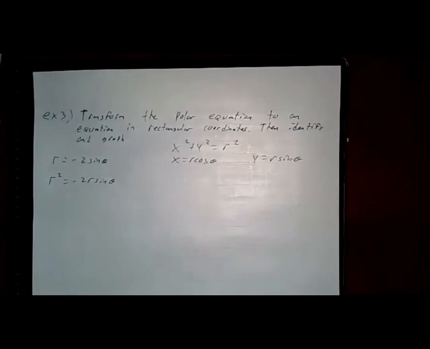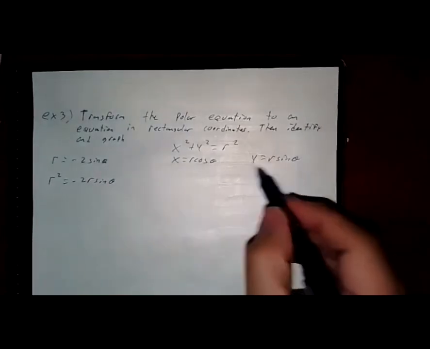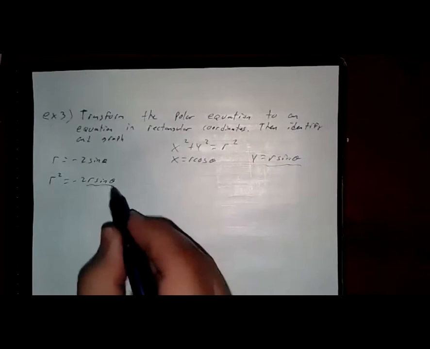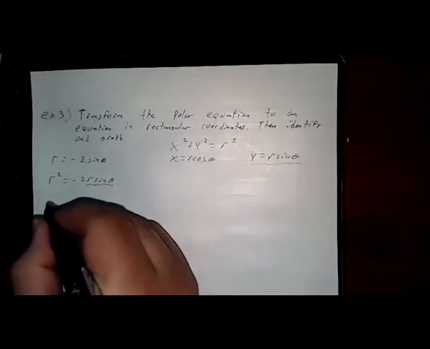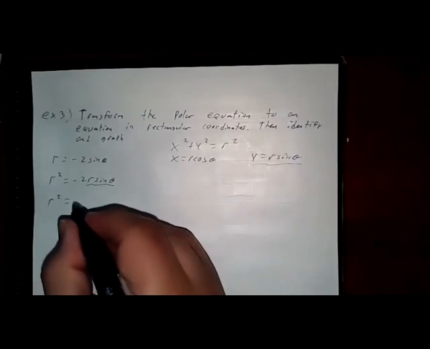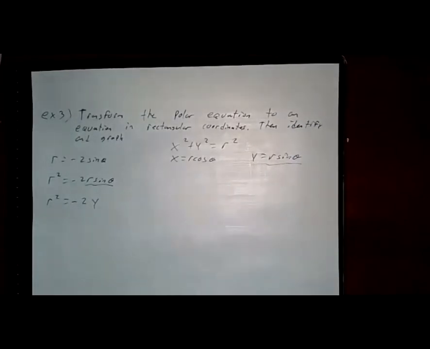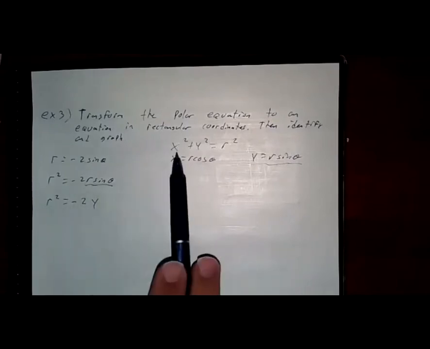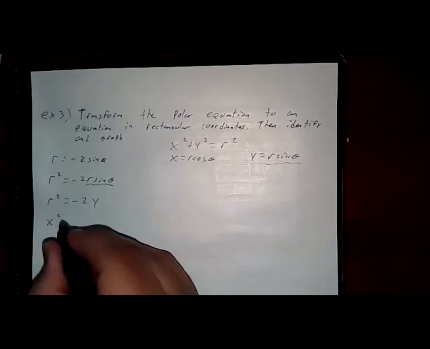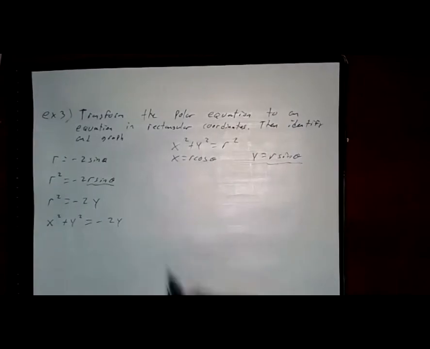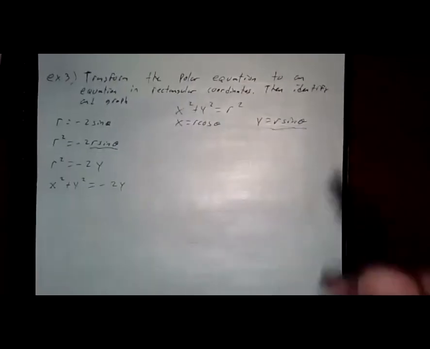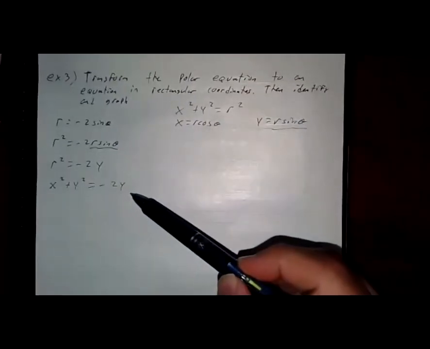All right. Now I can use this formula for this piece. So that'll give me r squared equal to -2y. And you can replace the r squared with x squared plus y squared. So that'll give me x squared plus y squared equal to -2y. So we have finished the conversion from polar to rectangular.